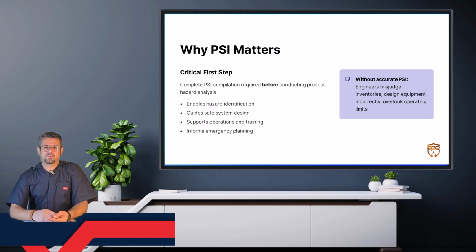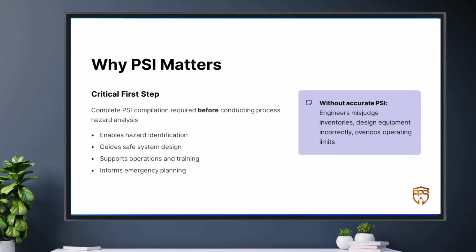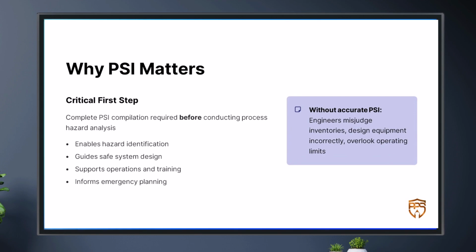Before you conduct a process hazard analysis, write operating procedures, or train employees, you need factual information about your process. OSHA's PSM standard requires employers to complete a compilation of written process safety information before performing a process hazard analysis.